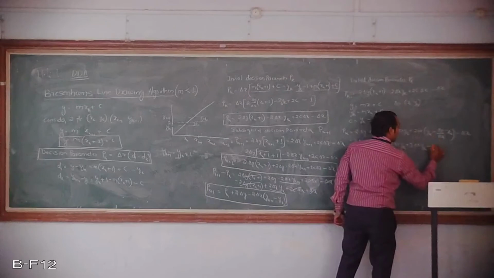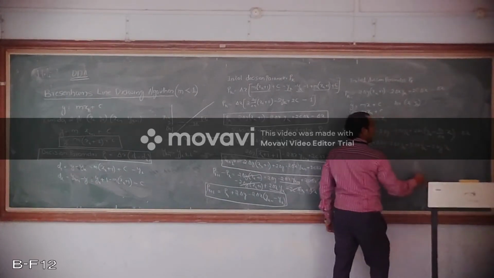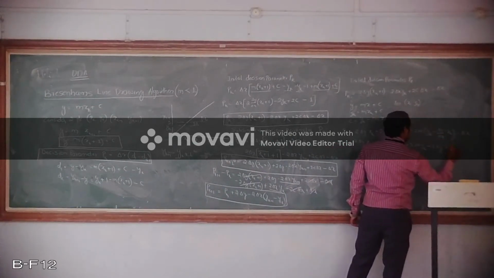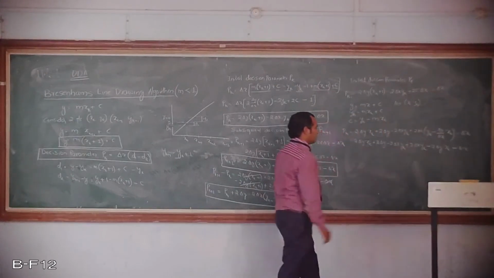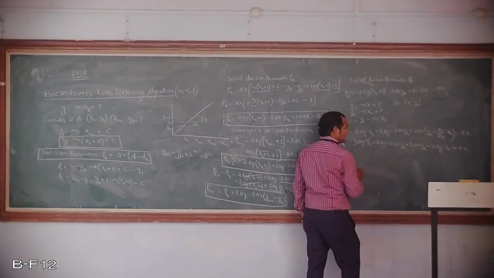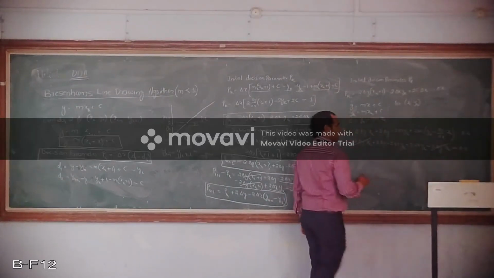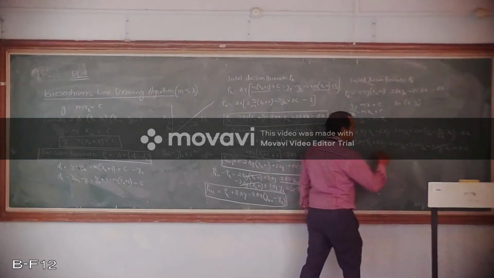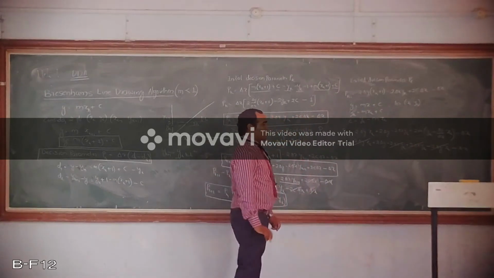It will be 2 delta y xk. Then here it is minus delta x. So here if you see, 2 delta y xk can be cancelled, delta x yk and 2 delta x yk can be cancelled.